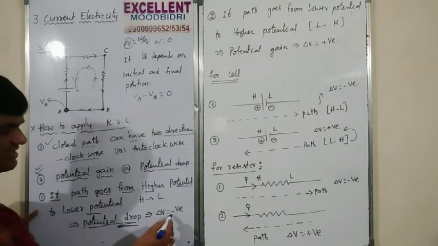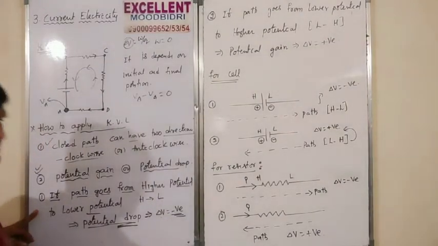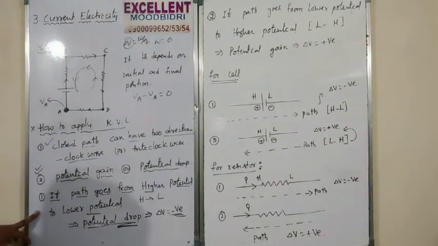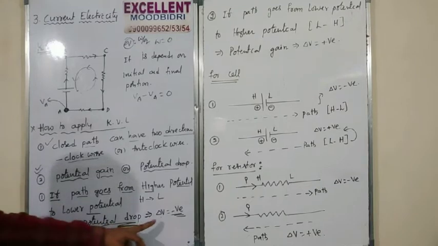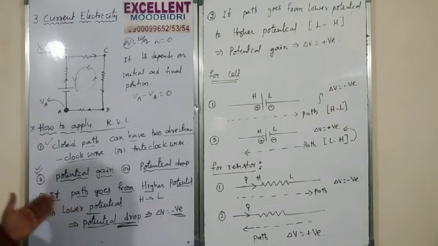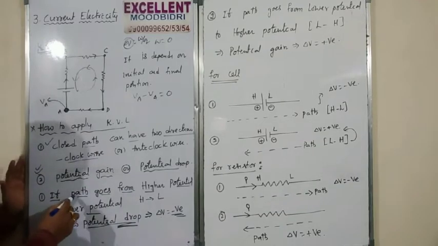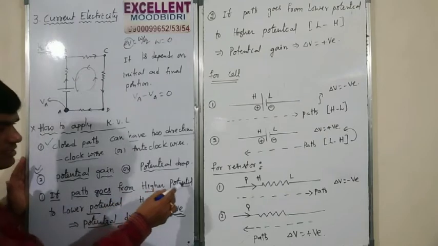That means delta V is negative. Drop means the change in potential is negative. When delta V is negative, the path we are selecting goes from higher potential to lower potential.